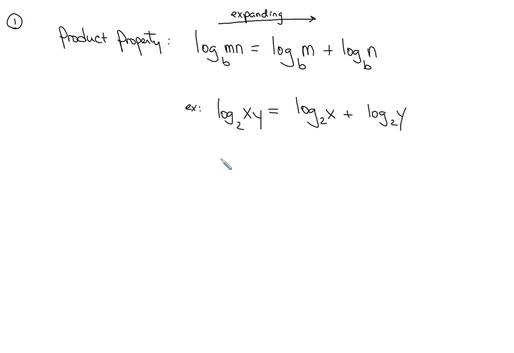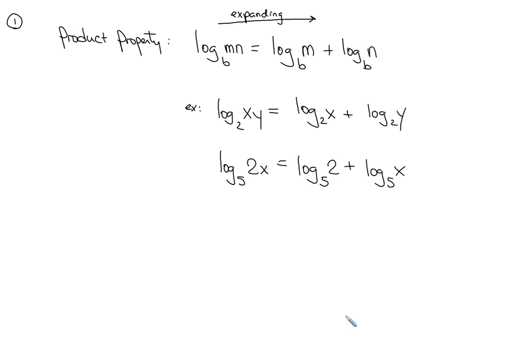If we have something like log base 5 of 2x, that would be log base 5 of what? Not base 2 of x, base 5 of x, right? There you go. That's it.